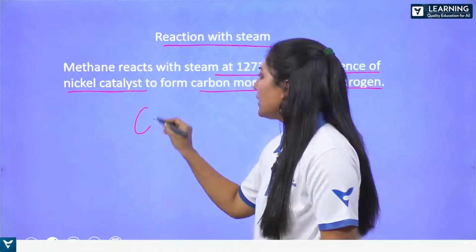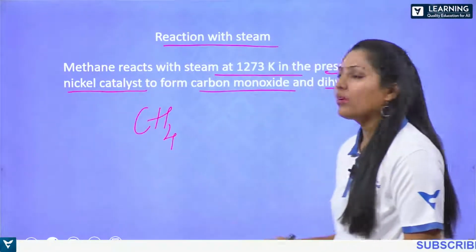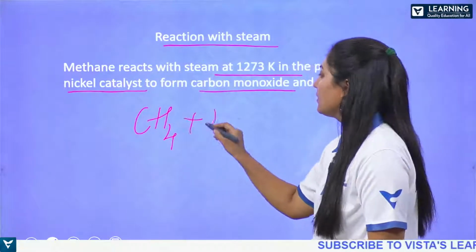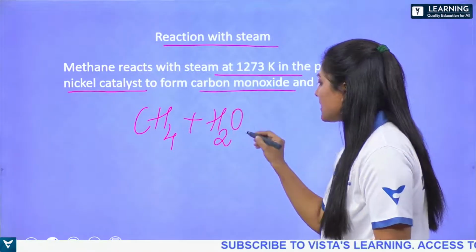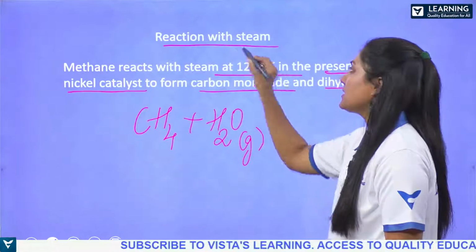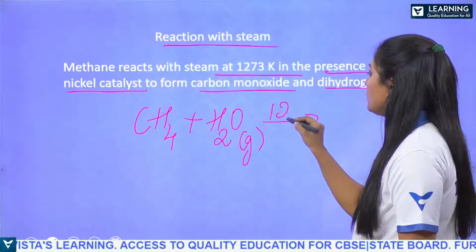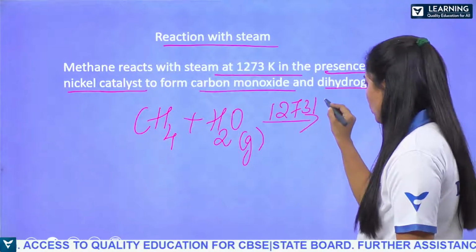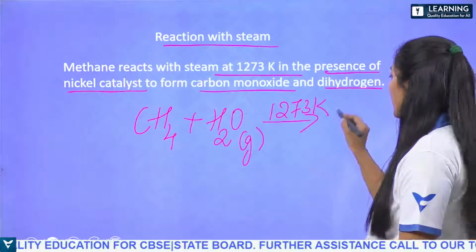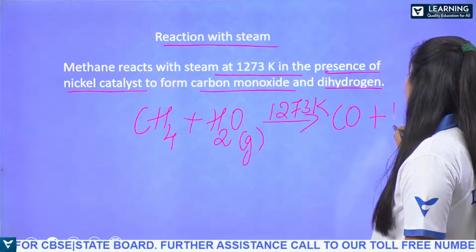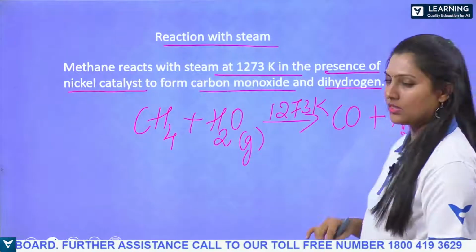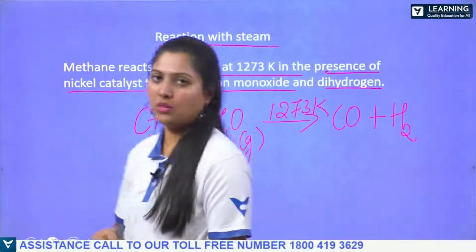That means methane reacts with H2O, which is in gaseous state, that is steam, at a temperature of 1273 Kelvin to produce carbon monoxide with dihydrogen, that is the H2 molecule.